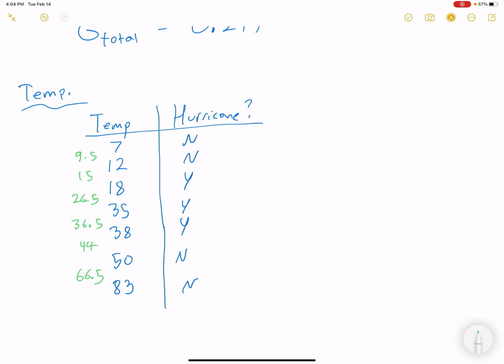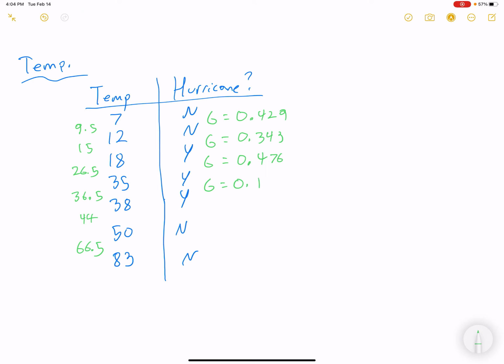And for each of these, we want to calculate the Gini impurity, which I'll just give you the answers, and then I'll work out one of these for you, just to not be super repetitive. So this is what the Gini impurities happen to be.